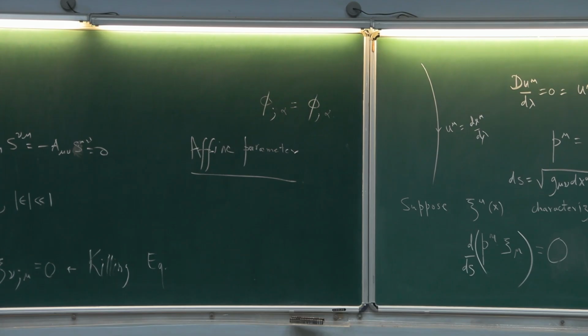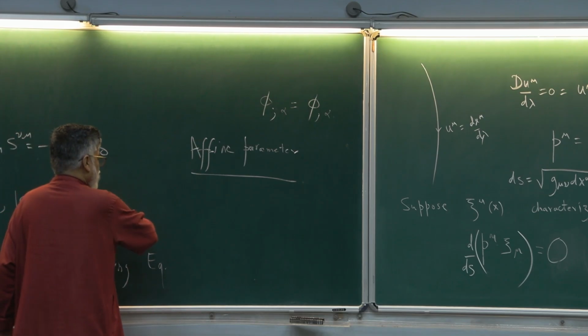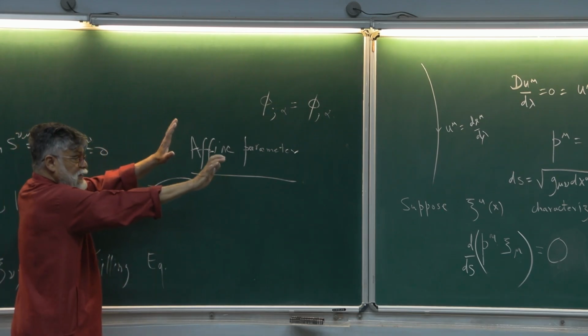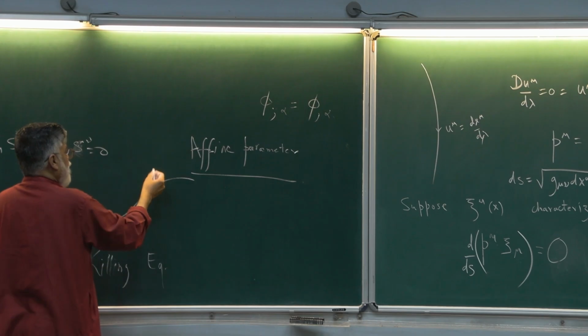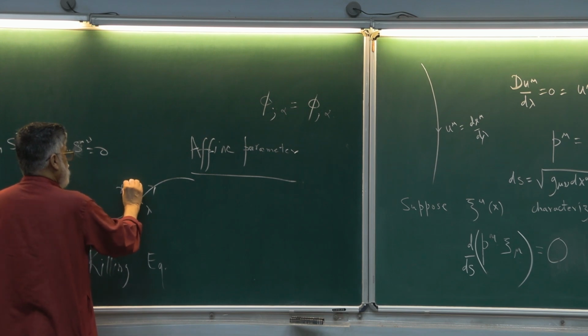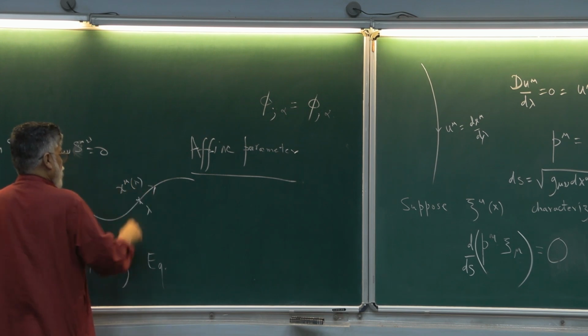So in particular, x mu for a curve, any curve in your manifold, now the manifold is being described by a chart, so it has coordinates. So therefore, you tell me, give me a real number lambda, I will tell you what is the space-time coordinates.